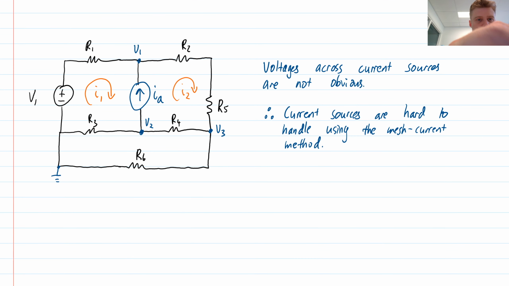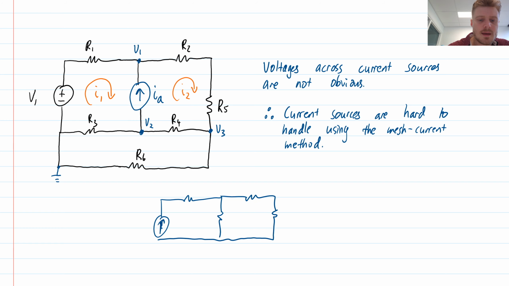If I had a different circuit, with a current source and say a couple of meshes, and that was my layout, then it's easy, because the current source here just tells me directly what my mesh current I1 is going to be. But if my current source is shared between two meshes, then it tells me the relationship between those mesh currents.